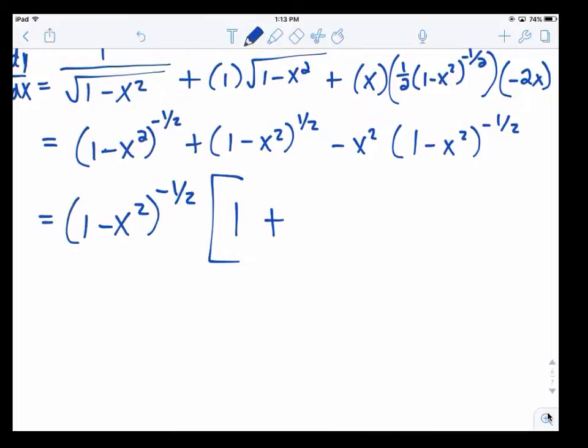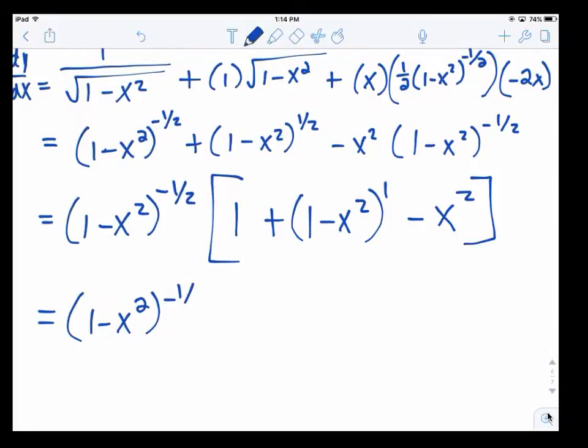Not negative 1. The exponent here is negative 1/2 and the exponent here is 1/2, so this one is greater than this one by an exponent of 1. So all you have to do is rewrite what you have on the inside, and technically you have a 1 on the outside. If you multiply this times that, you have 1 minus the 1/2, which gives you the 1/2, and then minus x squared. So I have 1 minus x squared to the negative 1/2.